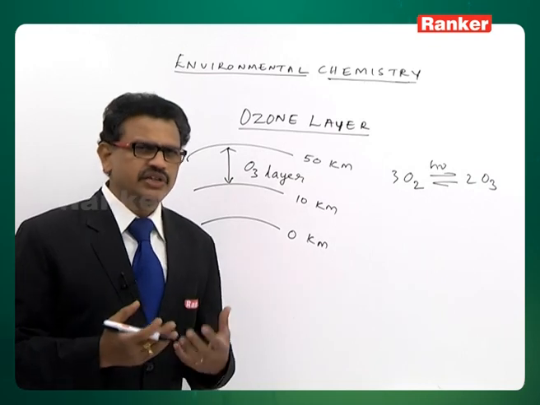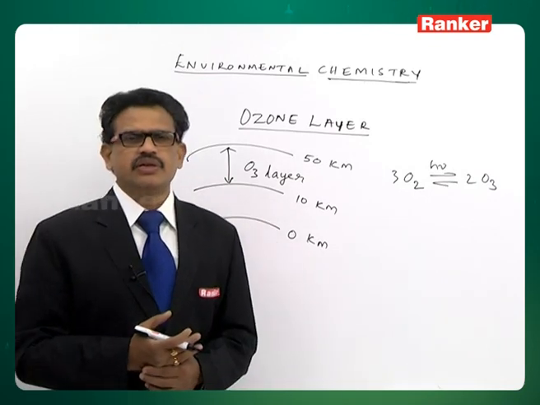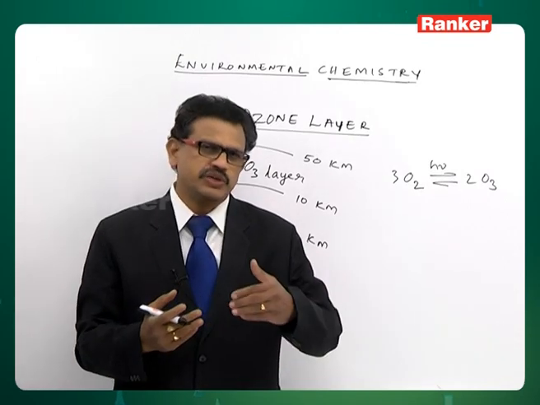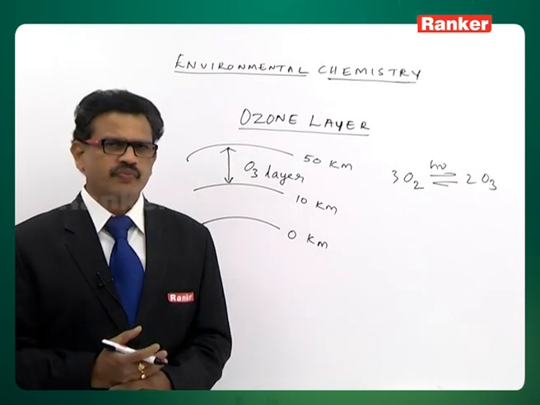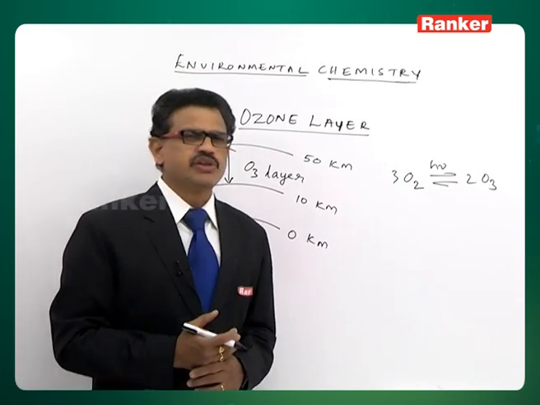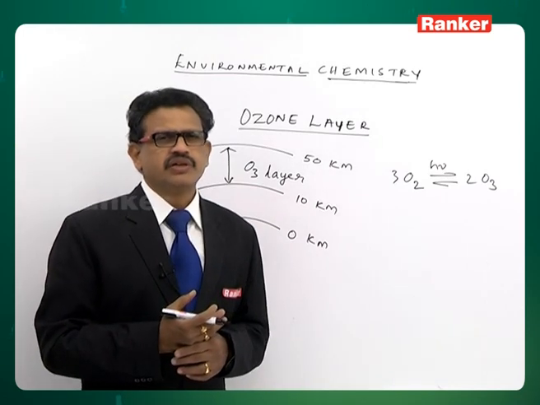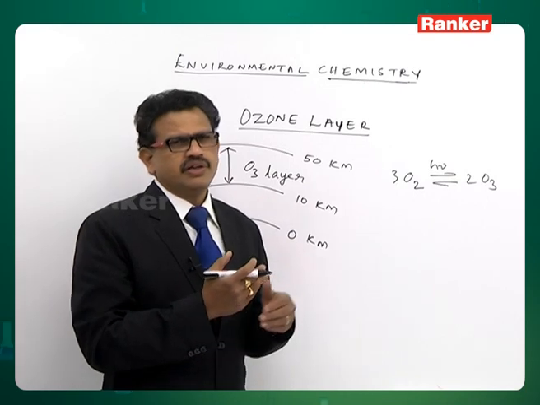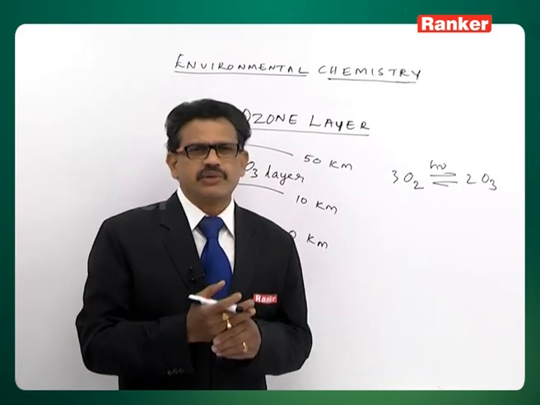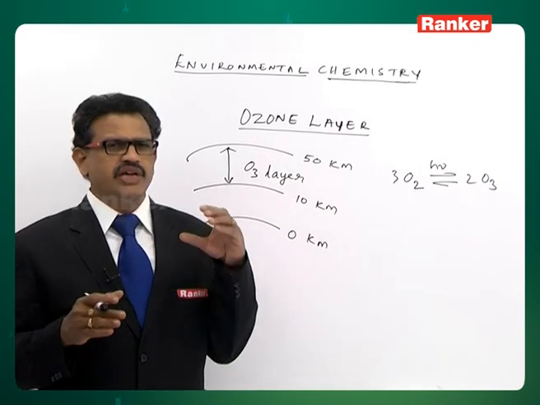The survival of the 0 to 10 kilometers, the tropospheric survival, depends on the protection by the ozone layer, since it is not allowing harmful ultraviolet radiations coming from the sun's atmosphere to pass directly. They are being blocked and stopped there with the help of the ozone layer.